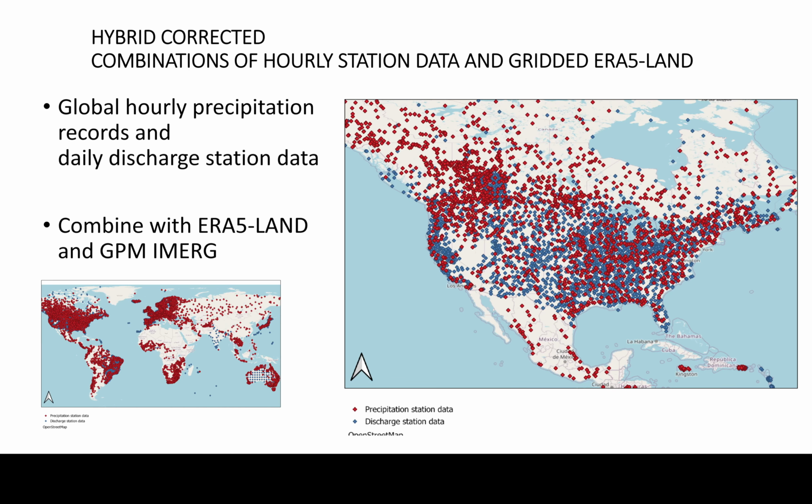Now, we also deal with AI bias correction of some of the climatic data sets, in particular flow boundary conditions and precipitation. Here we deal with a global collection of hourly precipitation stations and daily discharge stations to correct the globally available gridded data sets that we require to provide global coverage.